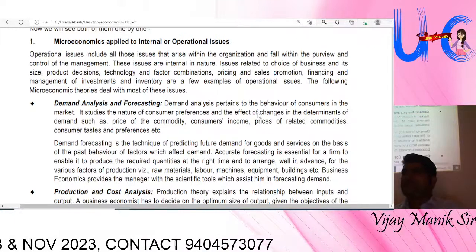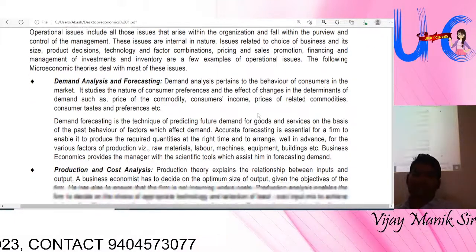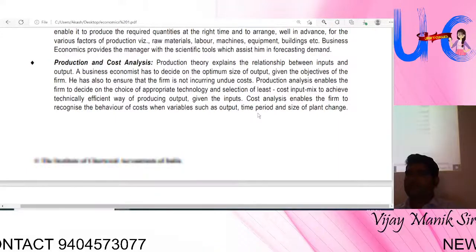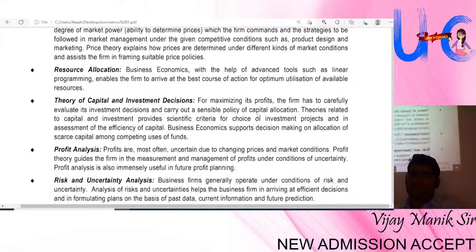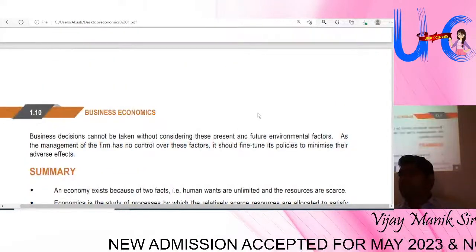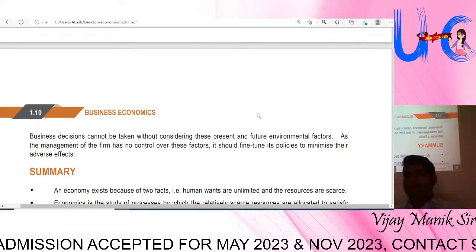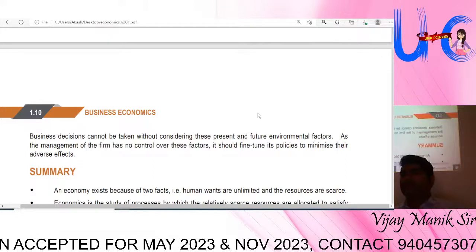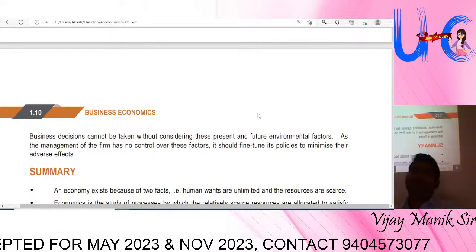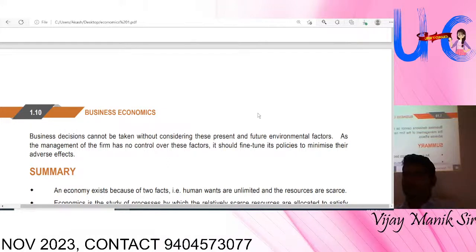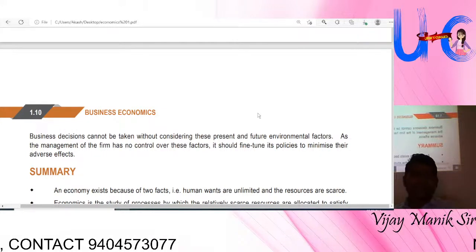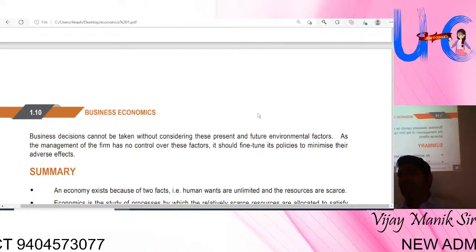What is external issues? Which may be the external issues? As we are studying microeconomics as the internal one, macroeconomics as the external one. Why? Because the policies of macroeconomics, for example, policies of the state, all the taxations and all the things are included in macroeconomics.